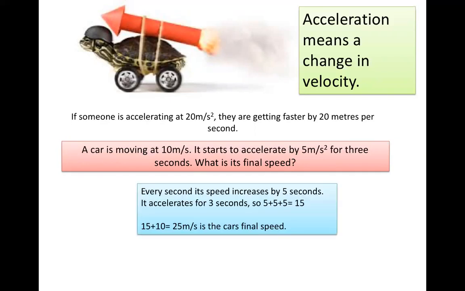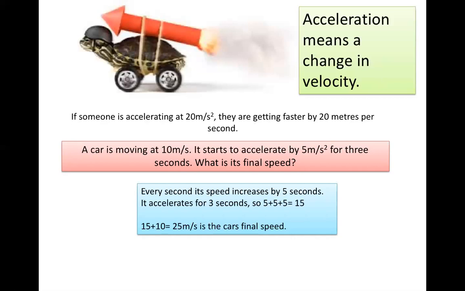Correct. 5 meters per second squared means its speed increases by 5 meters per second each second. The first second, 5 meters per second, the second another 5, the third also 5.